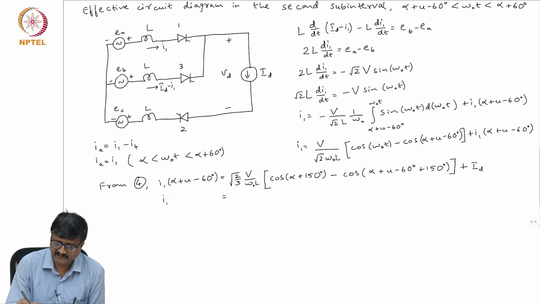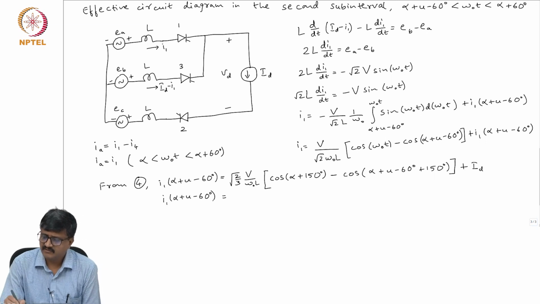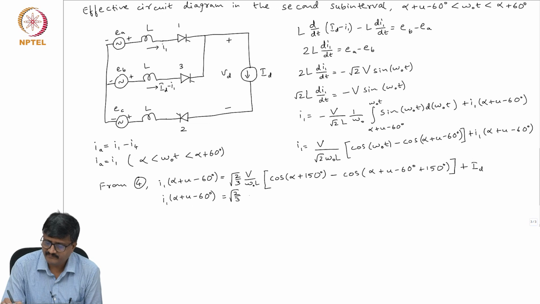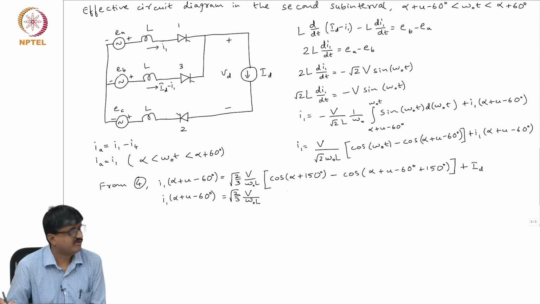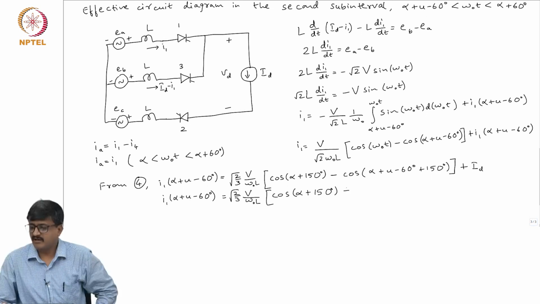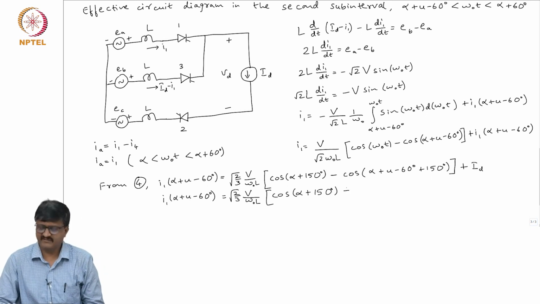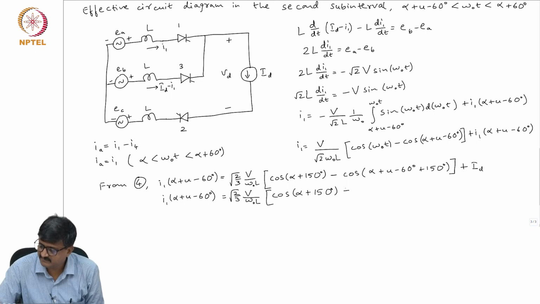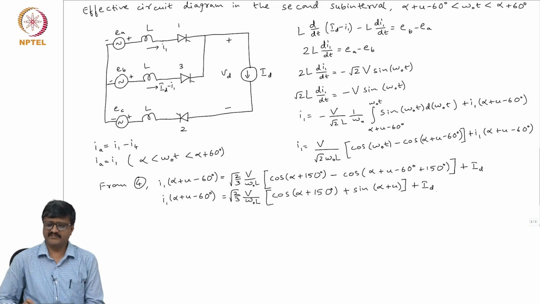That gives I1 at alpha plus u minus 60 degrees as root 2 by 3 V by omega L cos alpha plus 150, minus cos alpha plus u plus 90 degrees, which can be written as sin alpha plus u, plus ID. So, this gives the expression for I1 at alpha plus u minus 60.